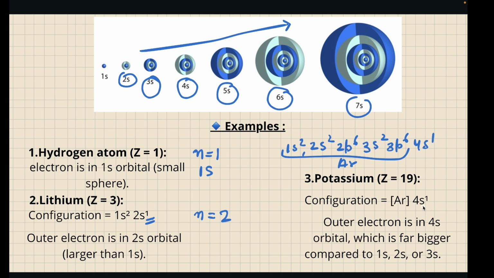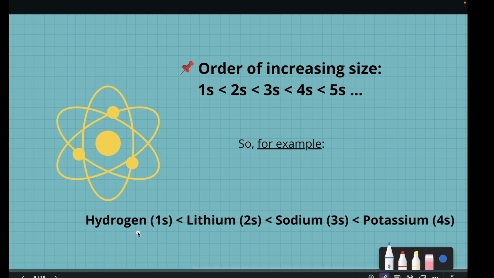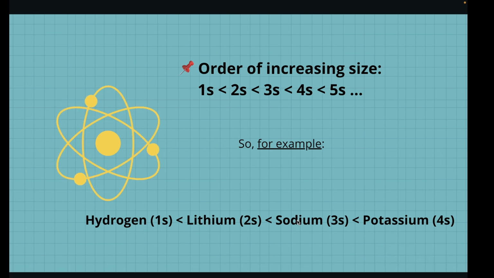Here you can see the last electron goes to the fourth shell, so for this element, the value of n is 4. When you arrange these elements in increasing order of size, we get the sequence hydrogen, then lithium, then sodium, and then potassium. So the size of the s orbital increases with increase in principal quantum number n.